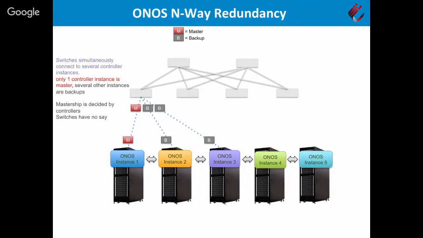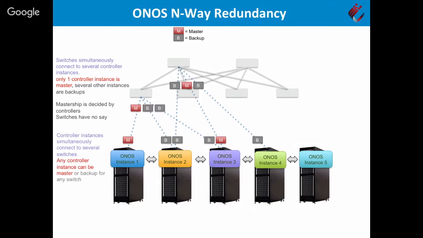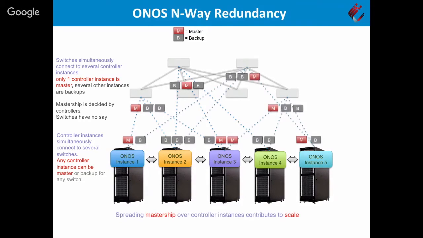Similarly, if you now look from the controller instance side, each controller instance actually connects to multiple switches simultaneously, okay? And if you spread around the mastership over these ONOS instances, that's exactly the same way that it scales. So when things go wrong, so let's say a couple of these ONOS instances just died, okay?